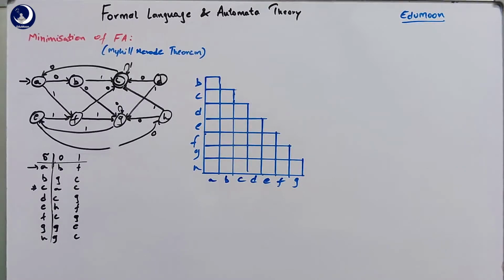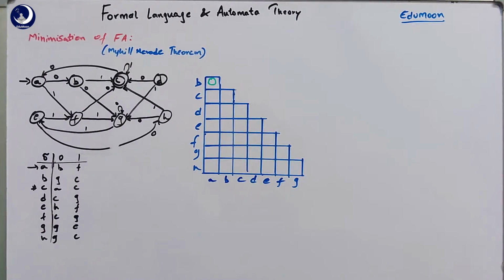You can see row-wise they are B, C, D, E, F, G, H. So the first state A is missing there. Column-wise we have A, B, C, D, E, F, G. Here the last one will be missing. So the blocks we have here are combinations of states. The first one is AB, which you can see in that diagram circled in green, that is nothing but the block AB.